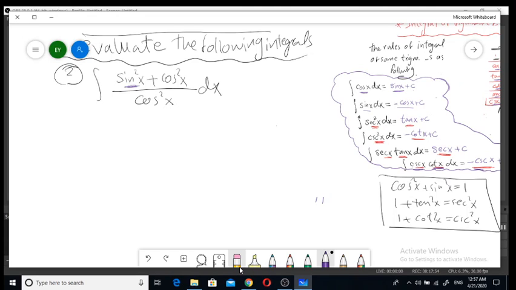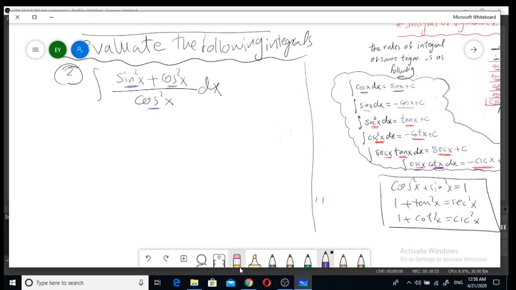And also we have sine squared and cosine squared. And till now we don't have a direct rule for the integration of cosine squared or sine squared. We know that the integration of cosine x is sine x, and the integration of sine x is negative cosine x. But we don't have a rule till now to solve the integration of sine squared x.